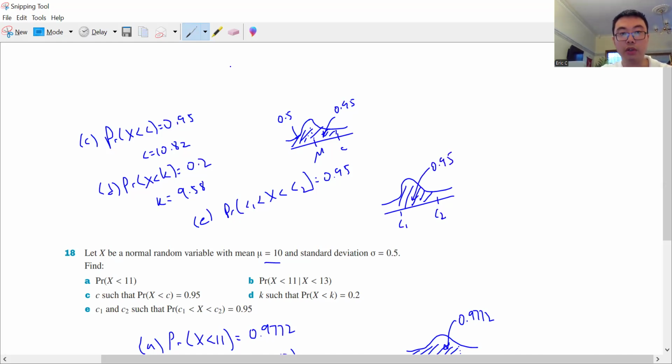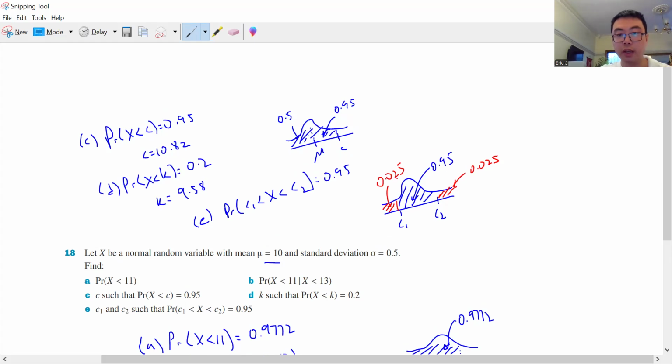So essentially, what we've been using is the left tail setting. To find C1, we again use the area under the graph as 0.025. 0.025 is the same on the right as well because they all need to add up to 1. So 2 times 0.025 is 0.05, plus 0.95 is 1.